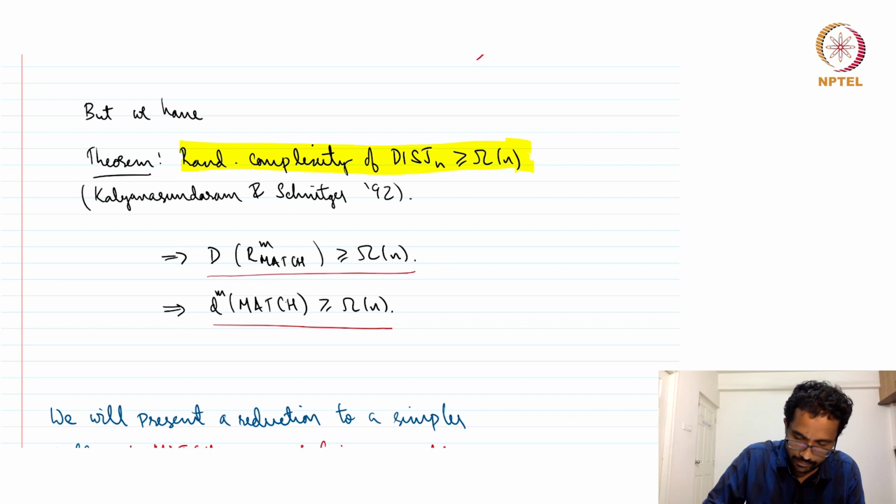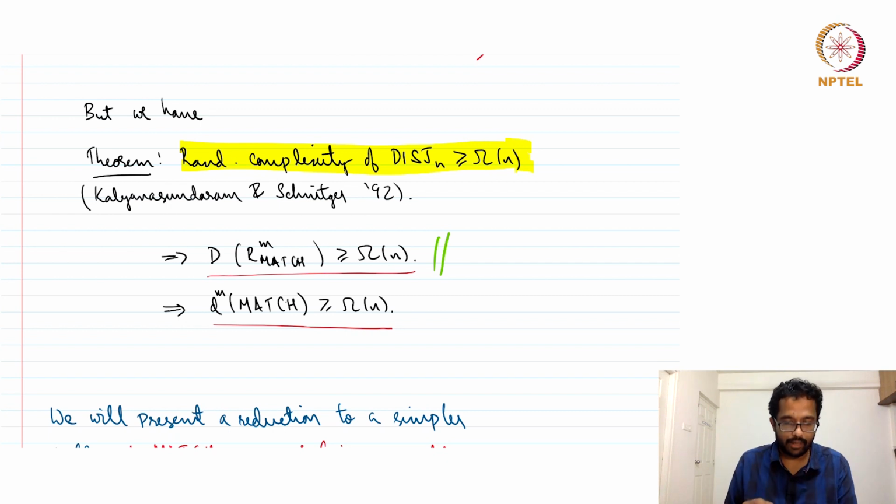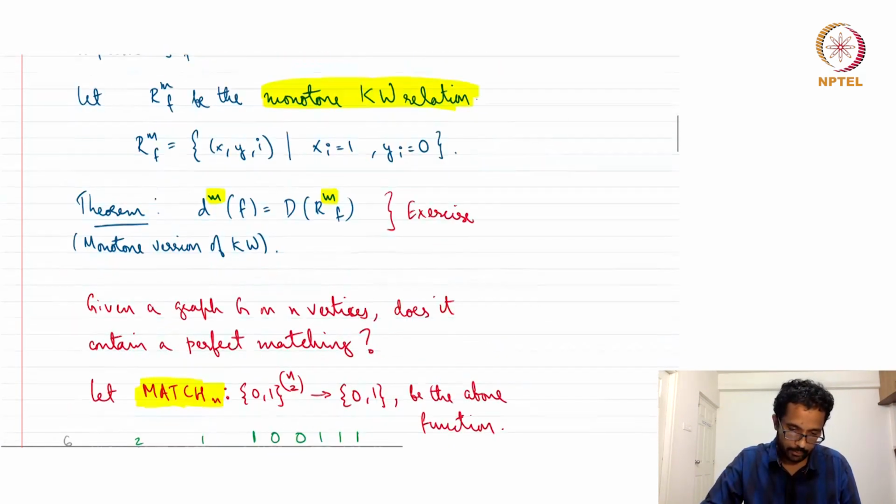So that gives us that the complexity of R match is at least linear, and by the relation between the complexity of R match and the depth of the matching, we know that the monotone depth of matching is also linear. So that completes the proof.